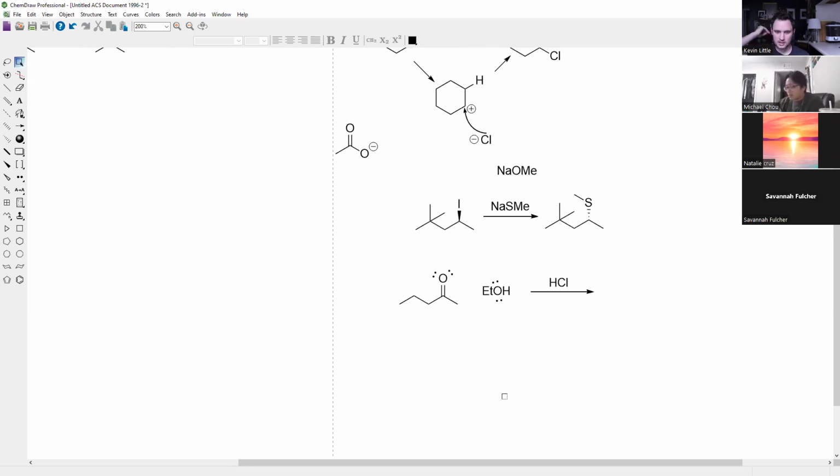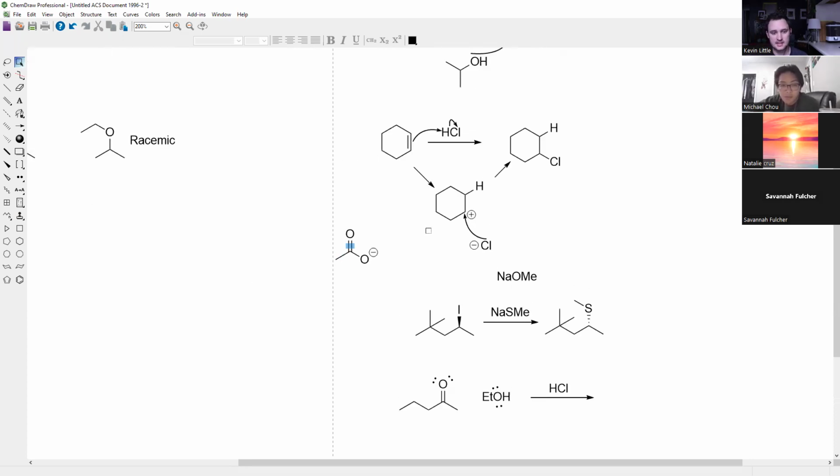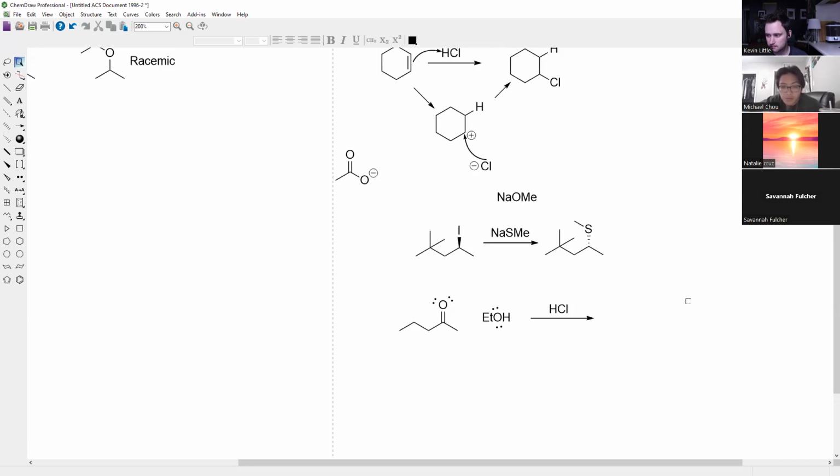What's the most electrophilic thing you can think of? What's something that screams, I want electrons? Something that has a sign on its head that says positive. A positive charge, right? Something that's more positive is more electrophilic.